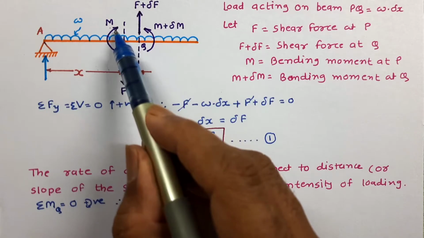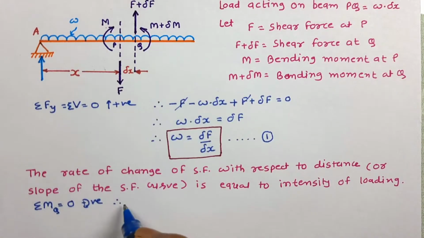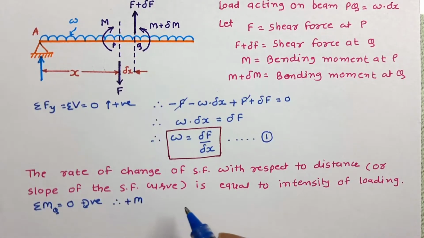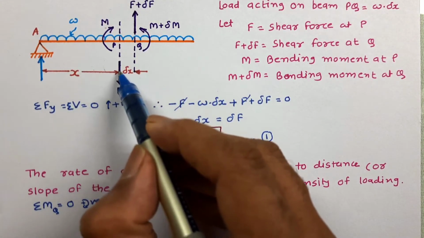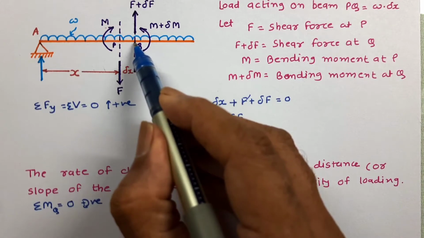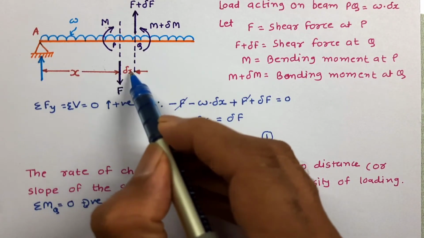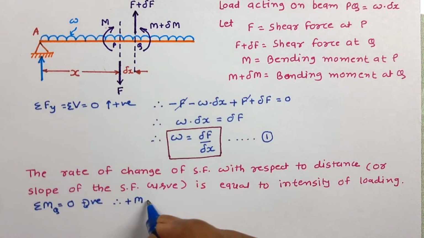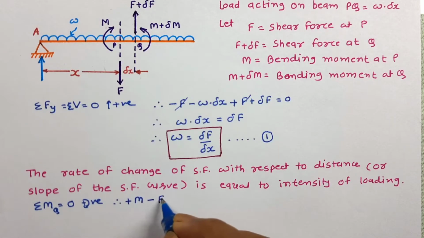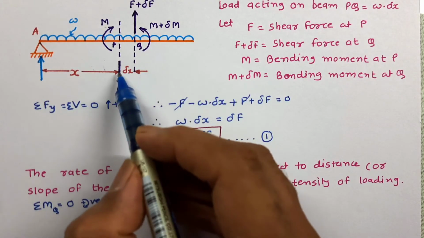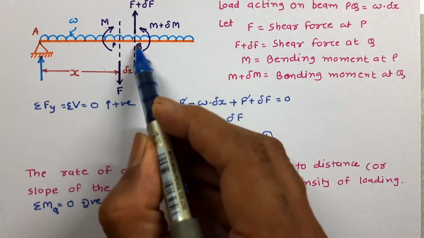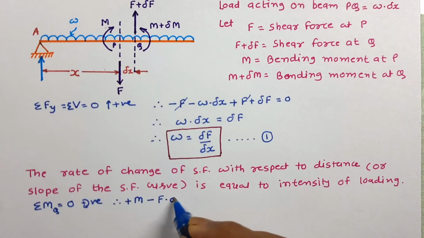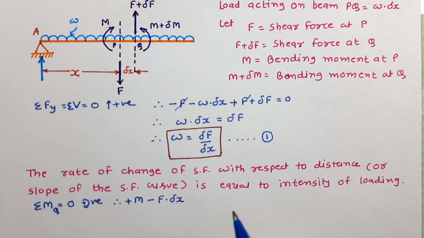This moment M is acting in clockwise direction, so we write it with positive sign. The moment due to this force at point Q is equal to force into distance. It is acting in anti-clockwise direction, so it will be minus. The force is F, and the distance of the line of action of the force from point Q is del x. So it will be F into del x.